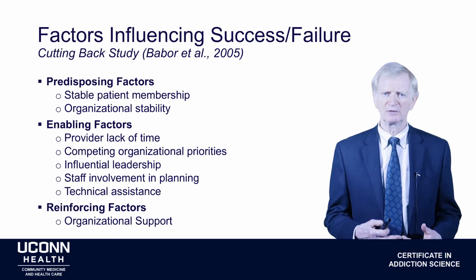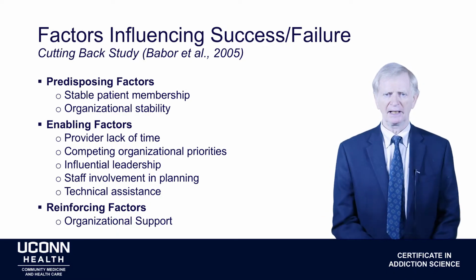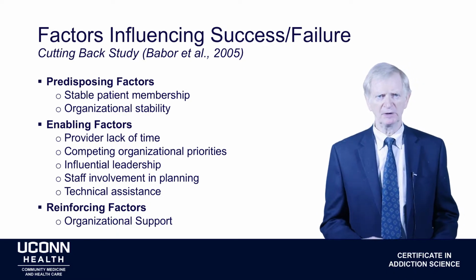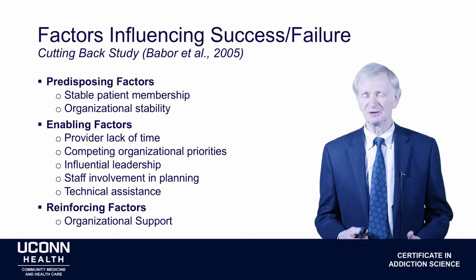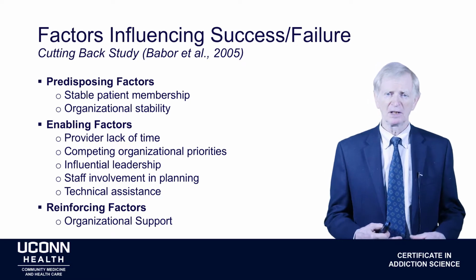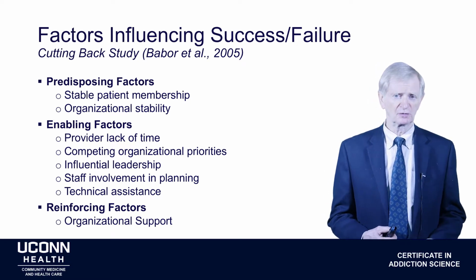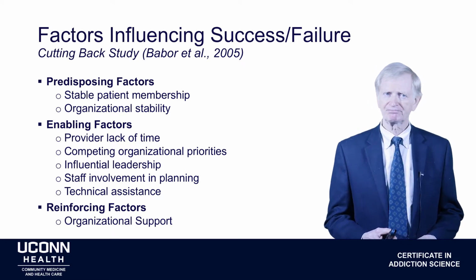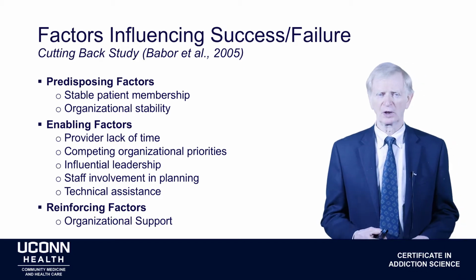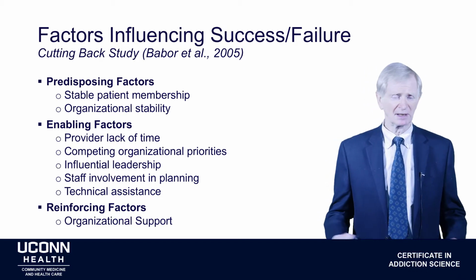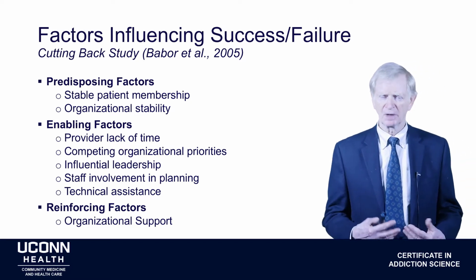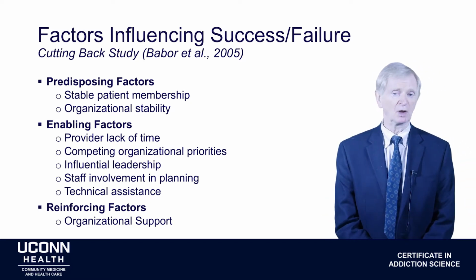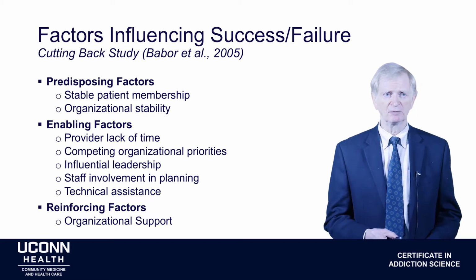Similarly, there were a number of enabling factors that helped to implement the program in these clinics. If providers had more time and didn't complain about the lack of time, they were more able to deliver the interventions. If there were fewer organizational priorities, like competition for screening for diabetes and other health conditions, they were more likely to adopt screening and brief intervention.